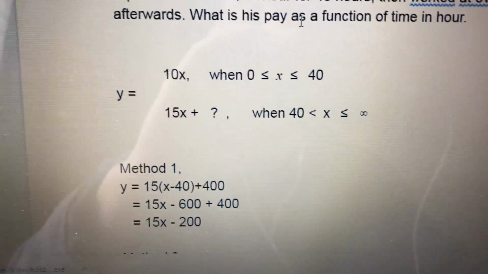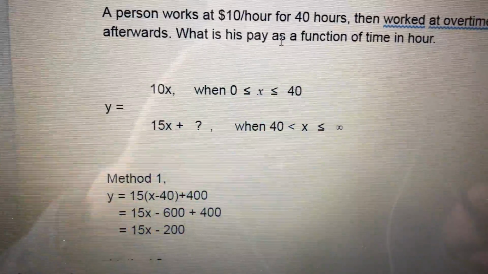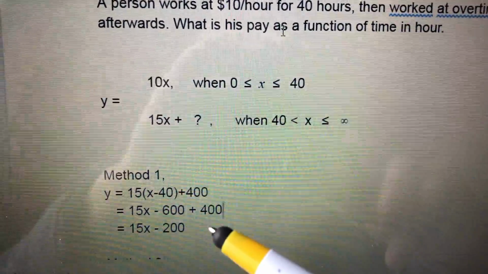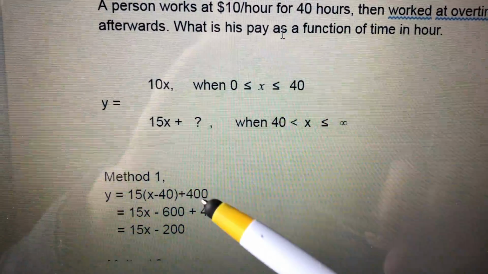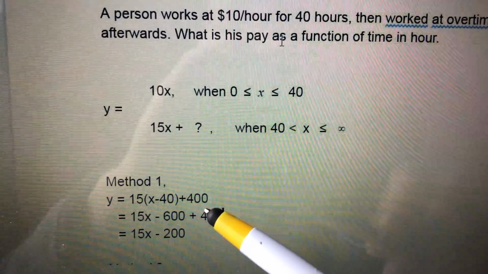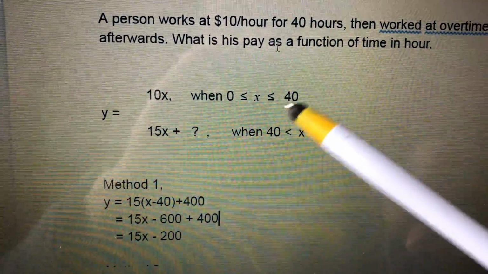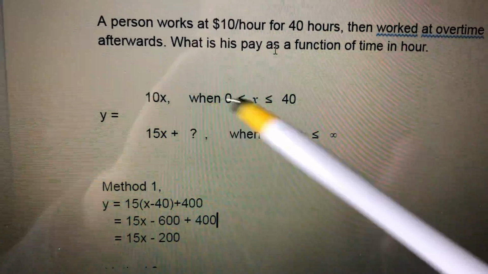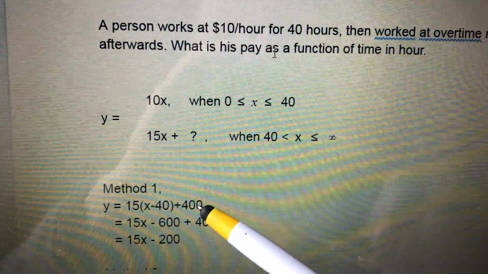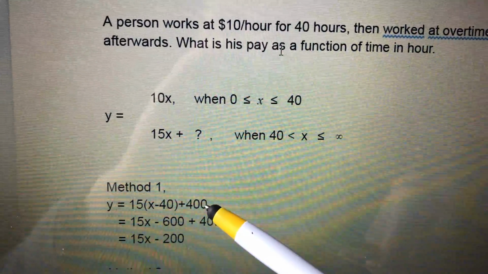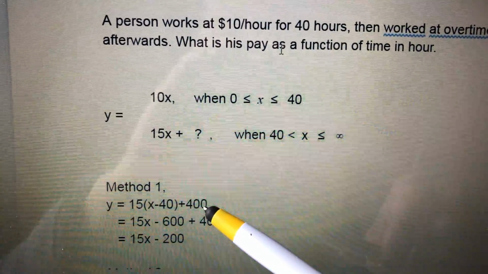The first method is using the endpoint and adding the 400, the y coordinate of that endpoint, which is 10 times 40, 400. That's the y coordinate of that endpoint.